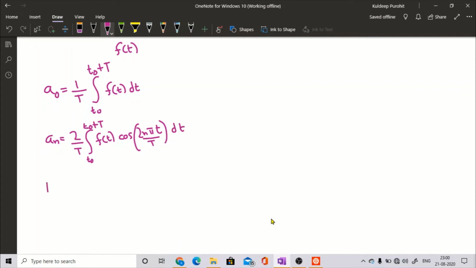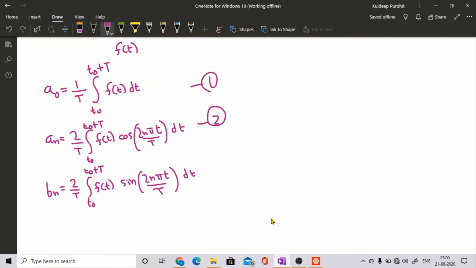And the third one, bn, is equal to 2 by T times the integral from t0 to t0 plus T of f of t sine of 2n pi t by T dt. So this is your first, second, and third. These are the three formulas for a0, an, and bn.